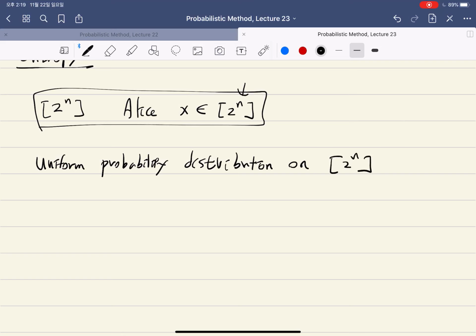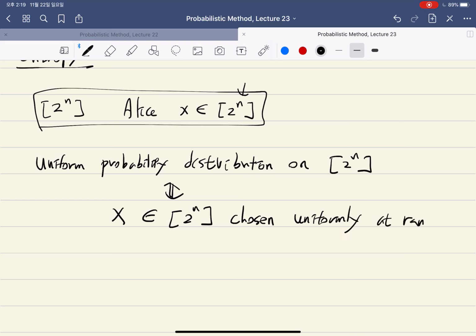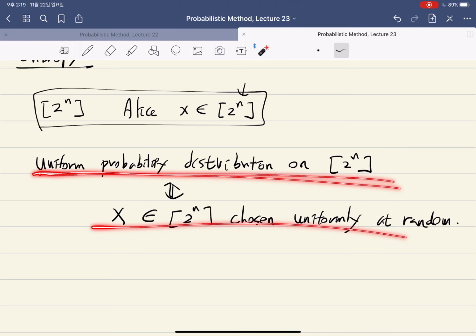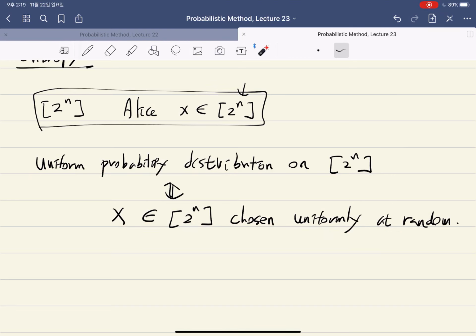Or equivalently, you consider a random variable which is chosen from this set in a uniform way. So these two are equivalent concepts. You have a probability distribution on there, or you consider this random variable which has that probability distribution. They are essentially the same object.